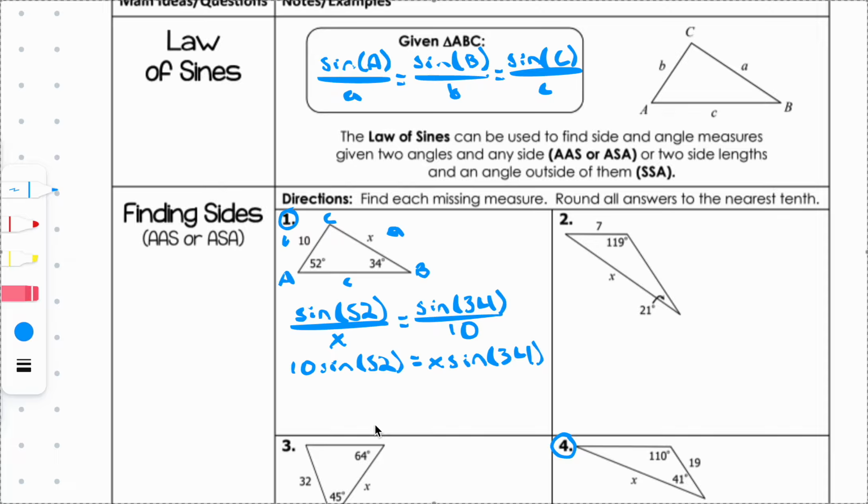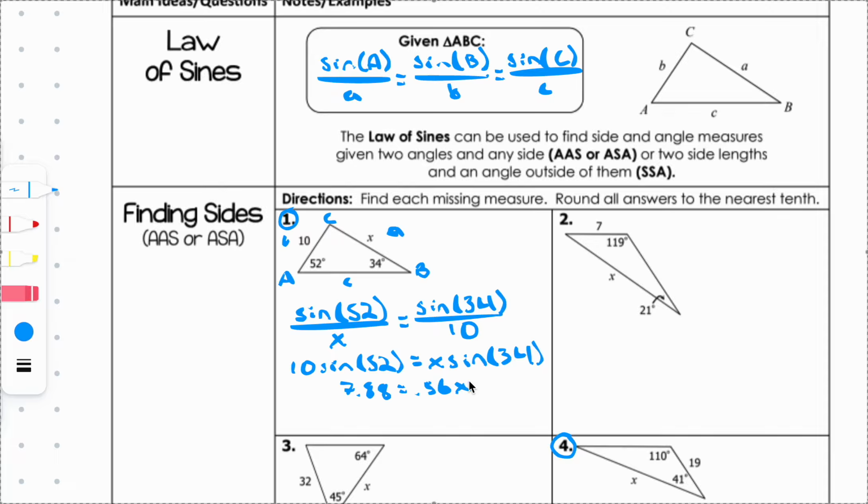And I got 0.79-ish and multiply by 10. So right now on this side, we have 7.88 equals, and then sine of 34 is equal to 0.56. So this equals 0.56x.